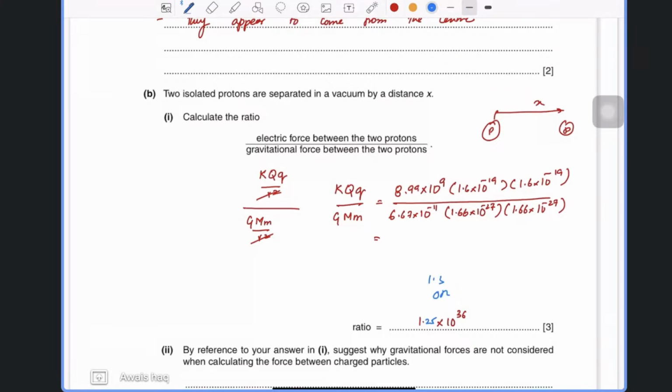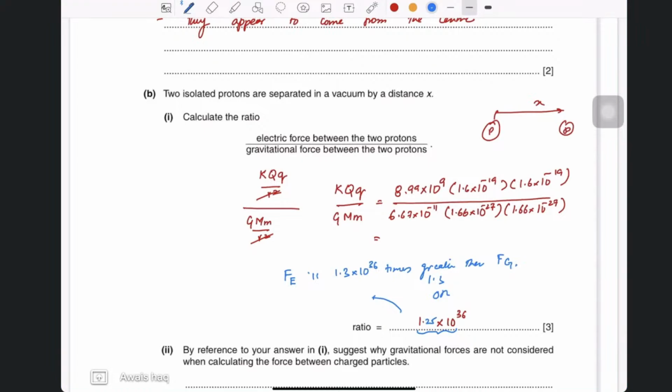What this value is telling you is that the force due to the electric field is 1.3 times 10 raised to the 36 times greater than the force of the gravitational field. Do you understand that? In this part you just need to give the ratio.